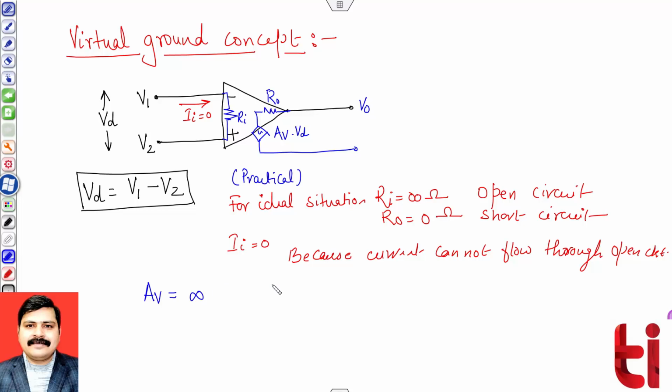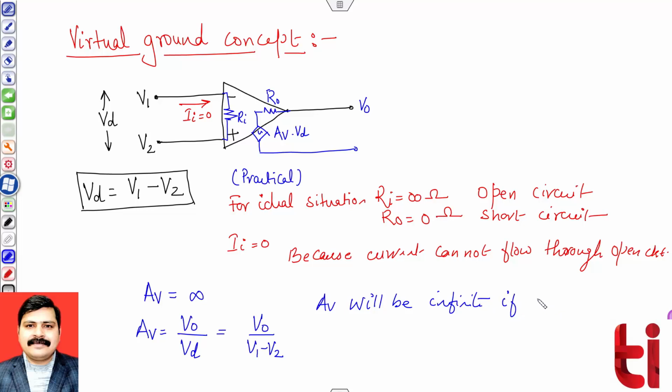If my output is V naught, then AV equals output voltage upon input voltage, and input voltage is my VD. So ultimately V naught divided by V1 minus V2 will be infinite. AV will be infinite if VD equals 0. You can simply check the mathematics.